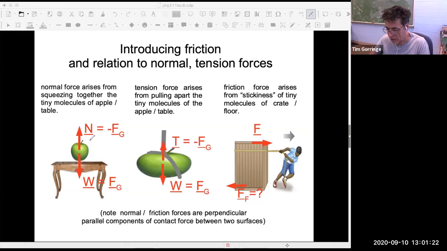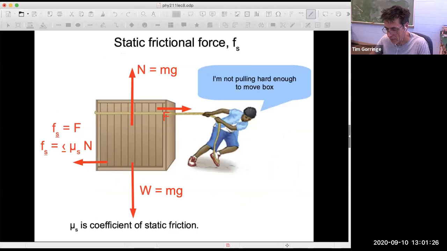Let's go on to the next slide. In this slide and the next slide, we're going to make a distinction between two different types of friction. And we're also going to write down some equations describing these frictional forces. This one's static friction.